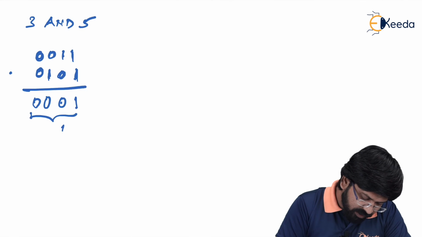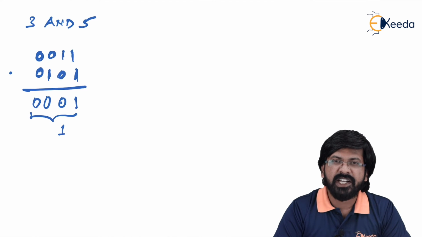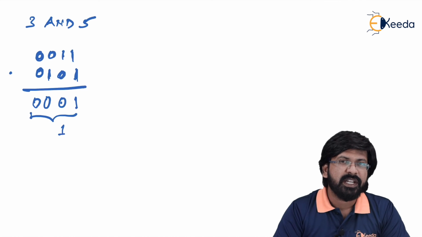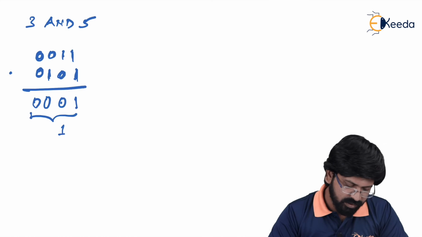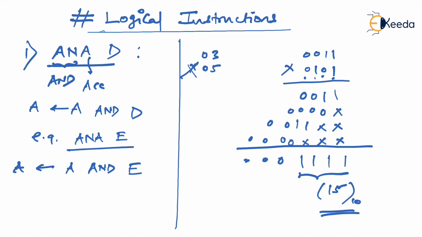The resultant answer is 1. Nobody can imagine that 3 into 5 can be 1. 3 ANDed with 5 can be 1, but 3 multiplied by 5 is 15. In fact, after multiplication, the result is more in size. As you can see in the previous slide, when you did a multiplication of 3 into 5, you get the extended answer.